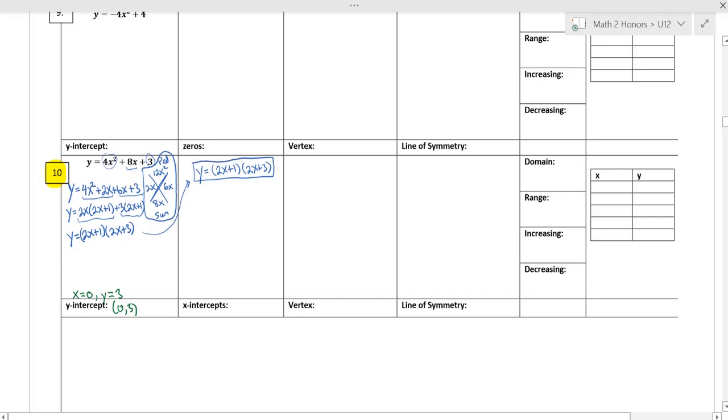And once you find factored form, you can get your x-intercepts by letting y equal 0 and solving for x. Since it's in factored form and equal to 0, you take your factors that have x in them and set those factors equal to 0 and solve.